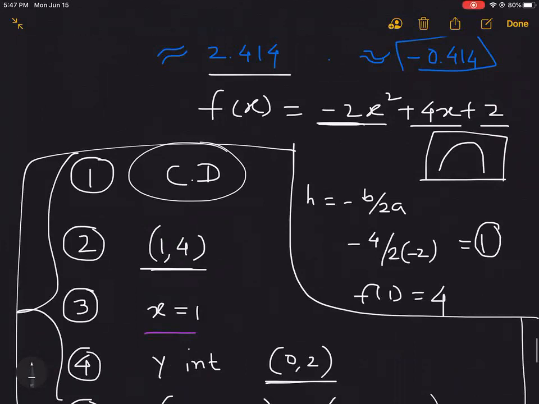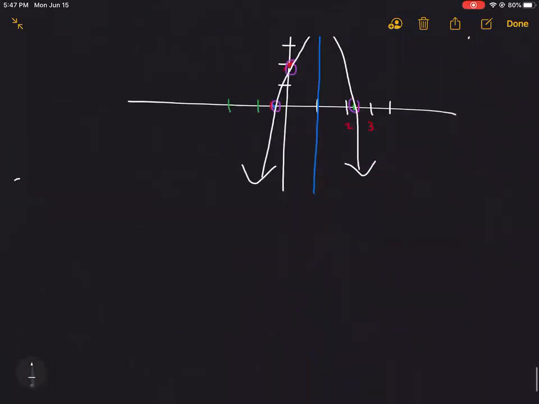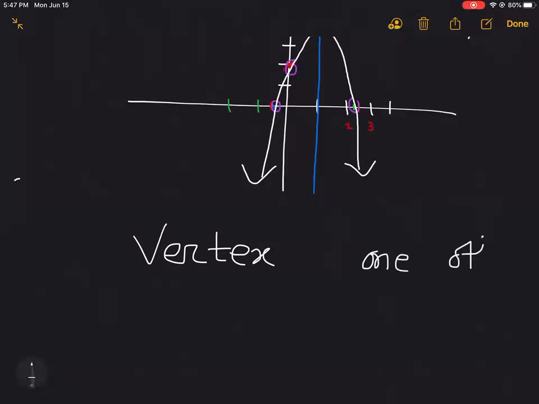Okay, so just before wrapping it up, I just want to show one more content. I think I need to show this. I would have avoided it, but I think you need to know this as well. So what if, instead of using that information, your question said you can only use the vertex and one other point?